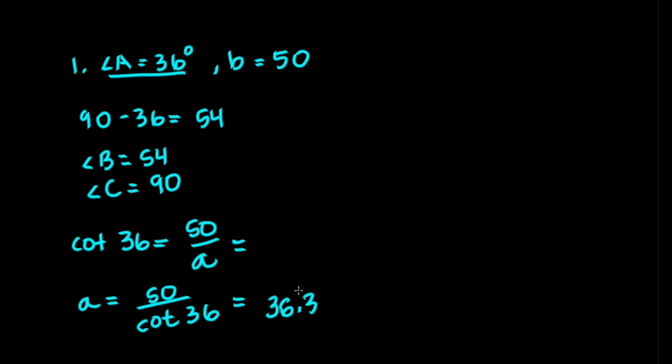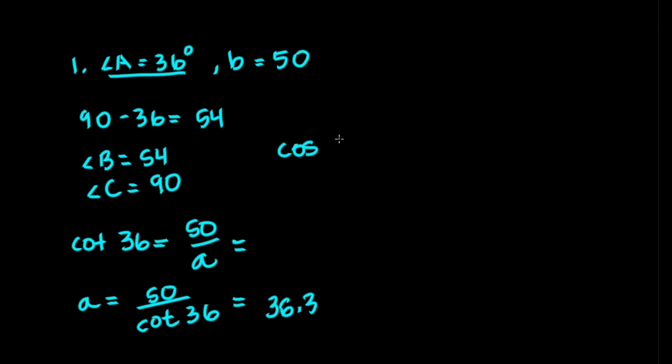Now all we have left is to find the length of C. There are 2 different ways of doing this. The first way is by using the Pythagorean theorem, which states that a squared plus b squared equals c squared. However, another way of solving for the other side is by doing the same way that we did over here. So we know that cosine is equal to x over r. However, in this triangle, that translates to b over c.